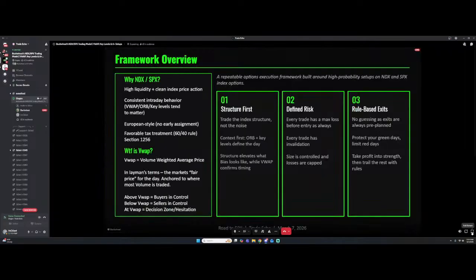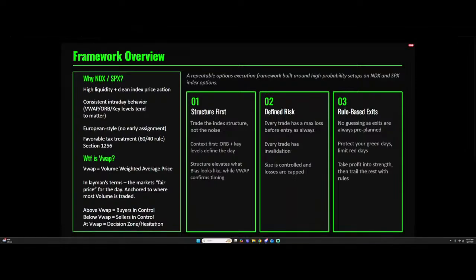As you guys have seen, if you trade SPY or QQQ, sometimes they'll close out your assignments and sell it 15, 30 minutes prior to market close. So this is European style. And also there's favorable tax treatment, a 60-40 rule. So 60% of it is treated as long-term gain, and 40% of it is treated as short-term capital gains. That's according to Section 1256.